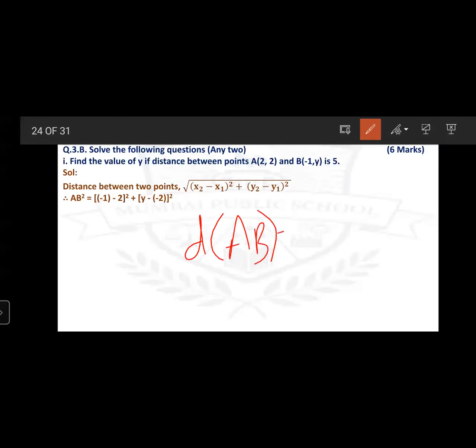So we take the square. AB is equal to under root, we apply the formula, then we take the squaring. So the square and the root get cancelled. So we write AB square is equal to x2, minus 1, x1, 2.